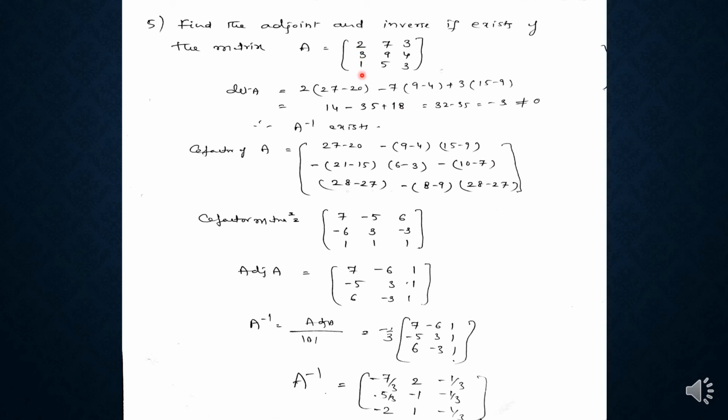For the second row, the first element is minus of 7 into 3, 21 minus 15, and here 3 into 2, 6 minus 3, and here minus of 10 minus 7. For the third row, the first element is 28 minus 27, and minus of 8 minus 9, and the last element 18 minus 21.